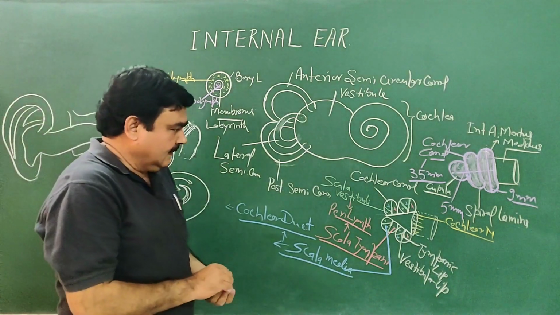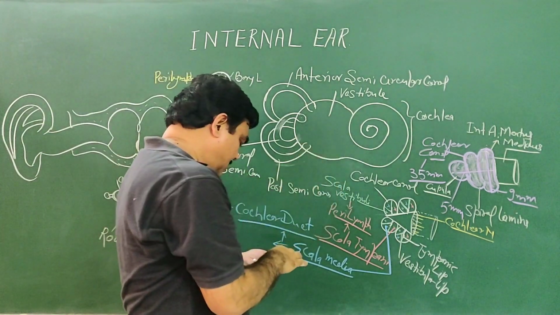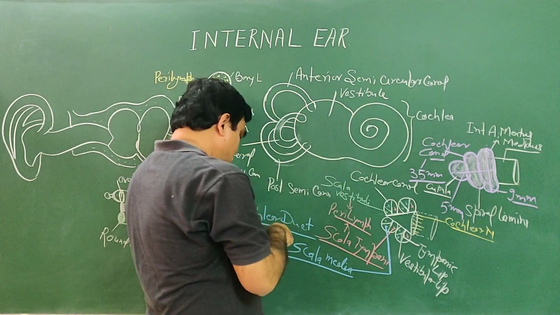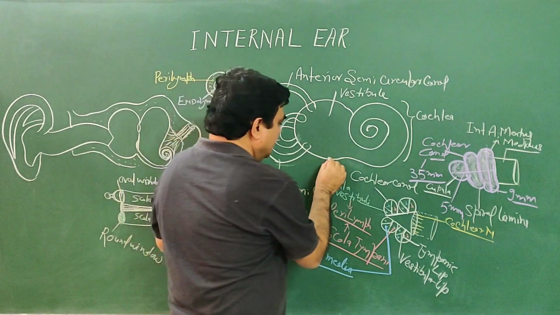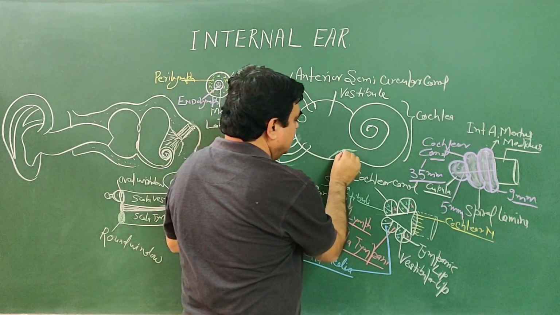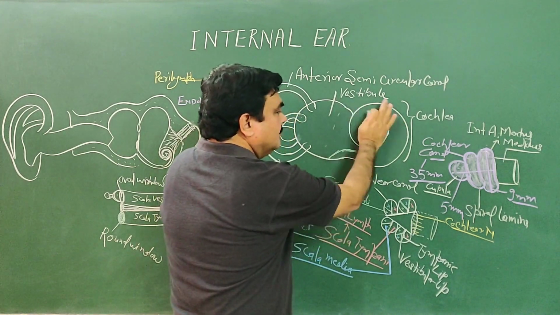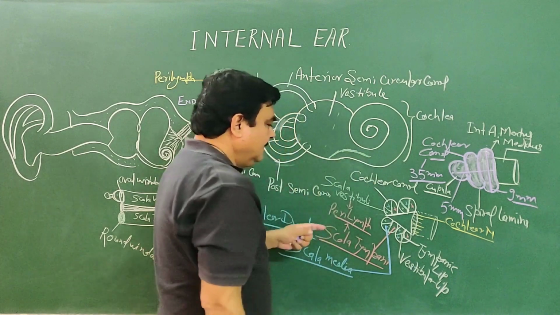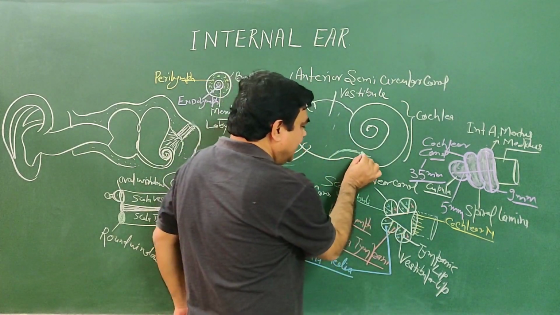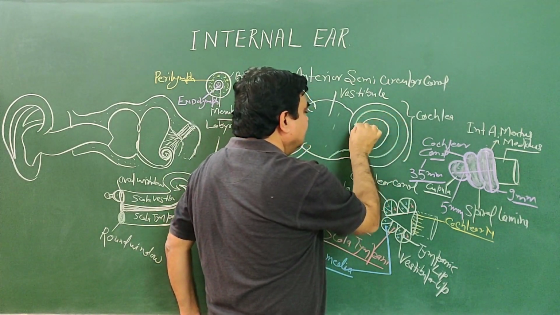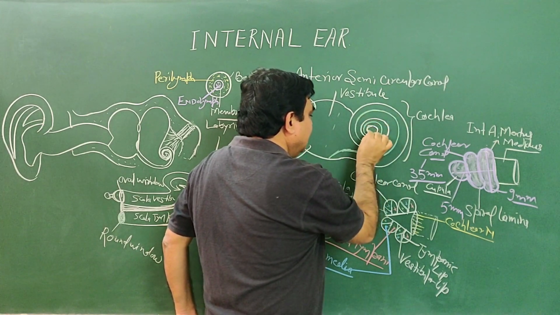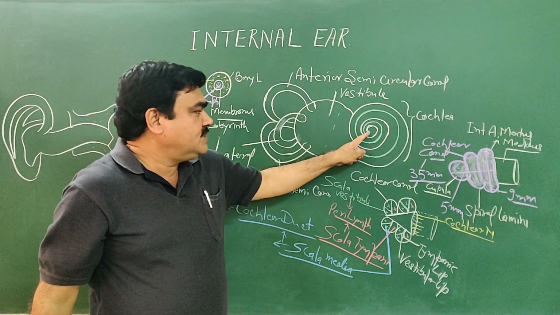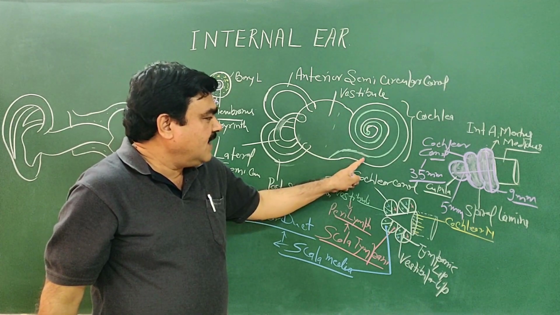Now see another thing. If you remove this bony covering, you can clearly see the spiral lamina, and here you can see this opening through which scala vestibuli and scala tympani communicate with each other.